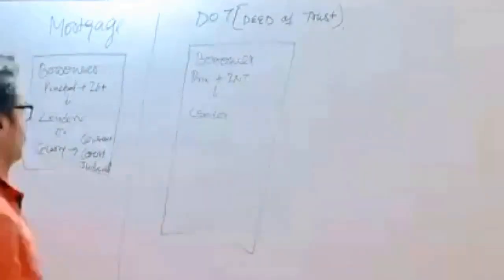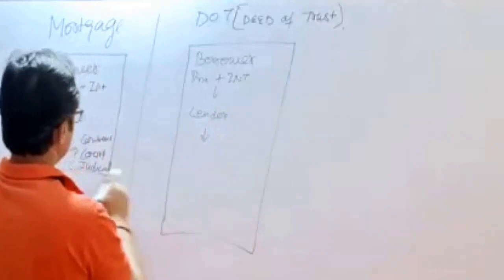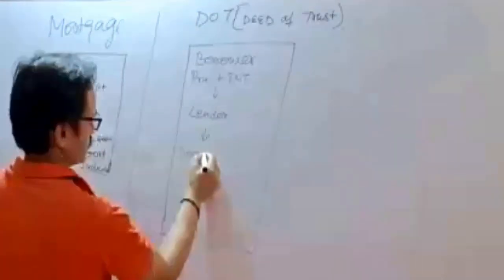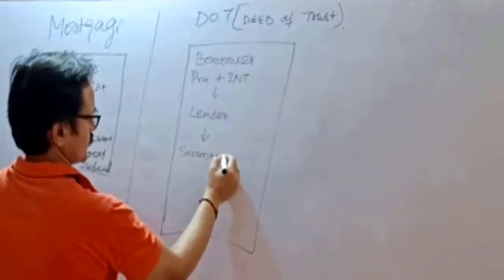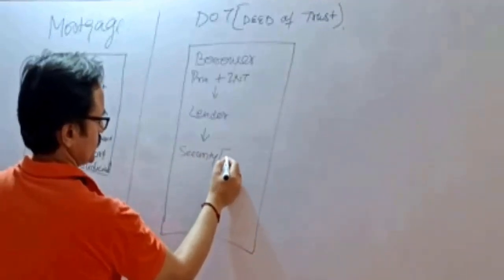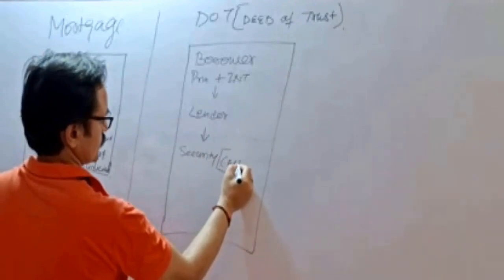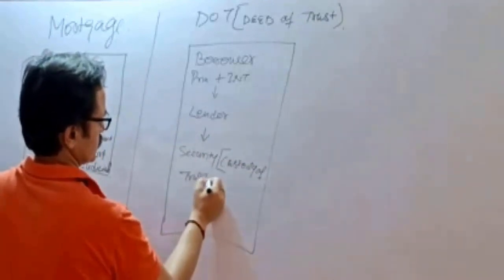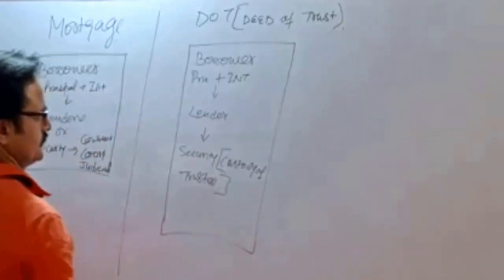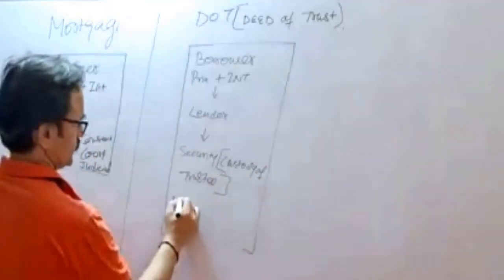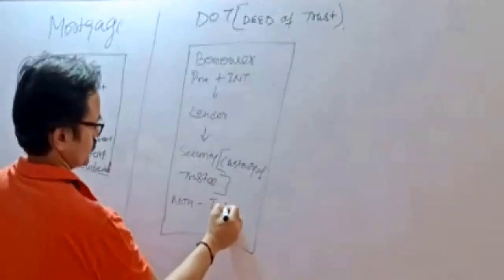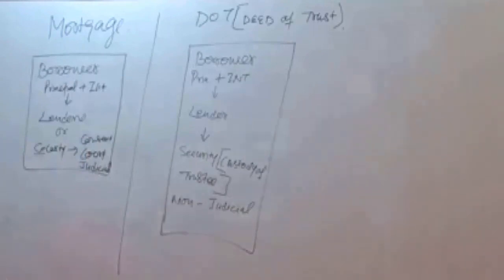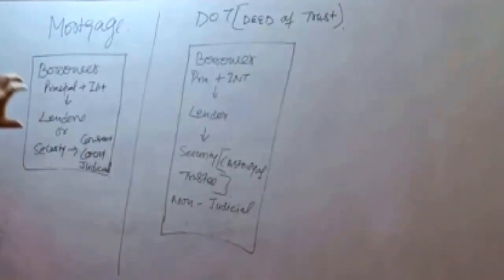But here, instead, the security is in the hand or in the custody of the trustee, right? So that is why it is non-judicial, you can say. That is the difference.